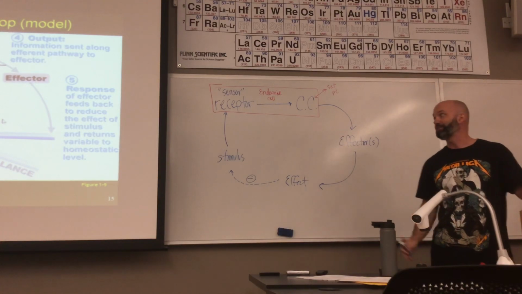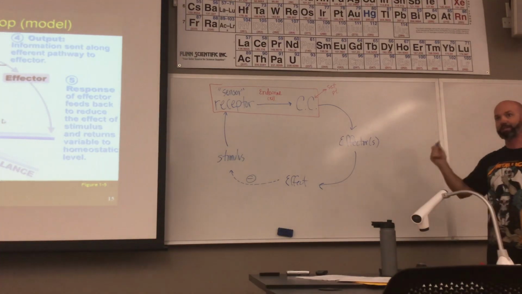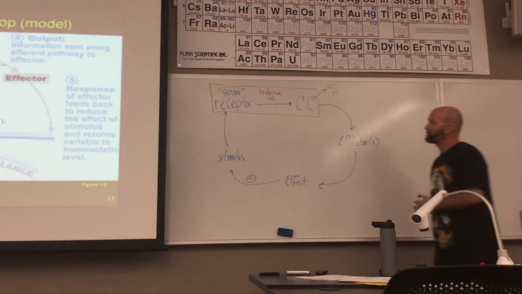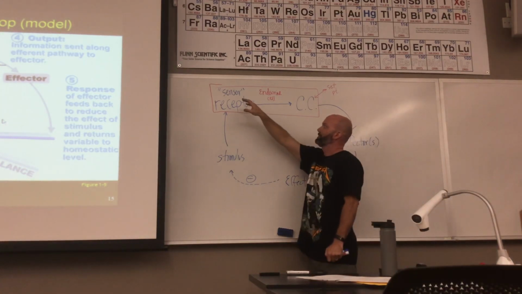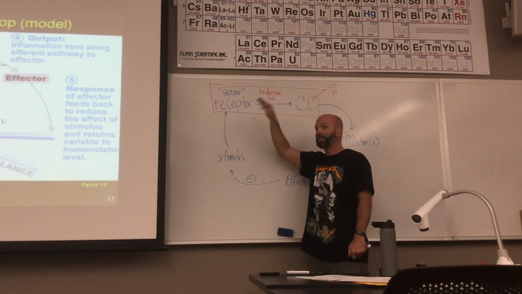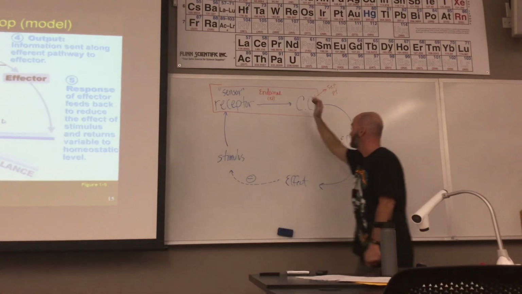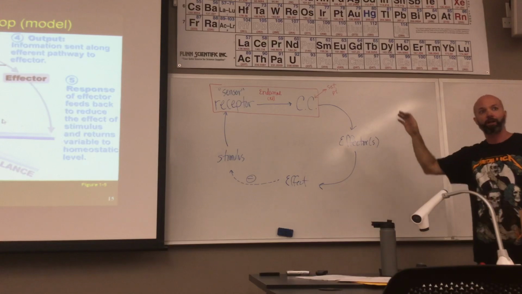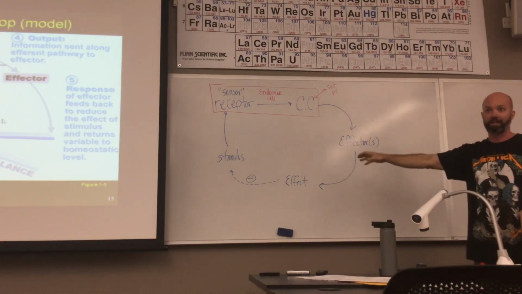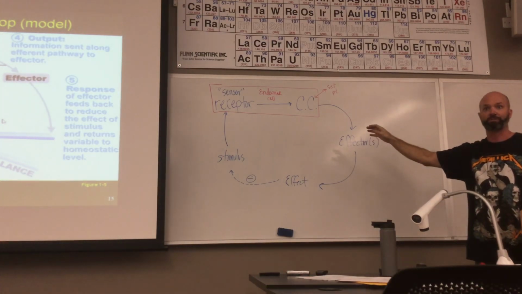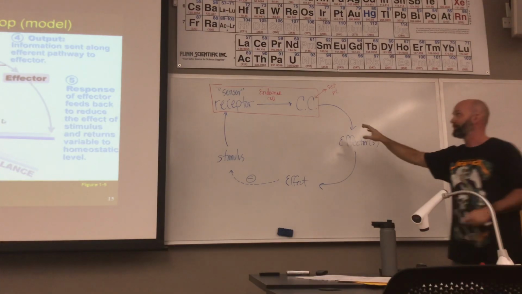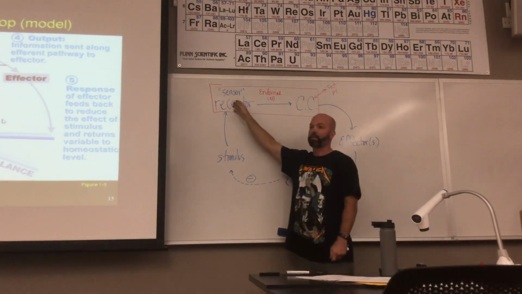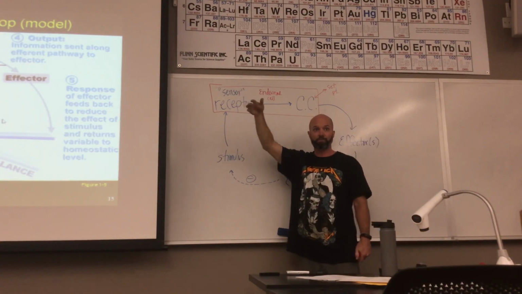All right, so when I have you illustrate negative feedback loops, I'm not looking for the basic components of any negative feedback loop: receptor, control center, effectors. I'll be asking for the names of these things for a specific negative feedback loop, like thermoregulation. So for thermoregulation, in place of receptor, you're going to put thermoreceptor.